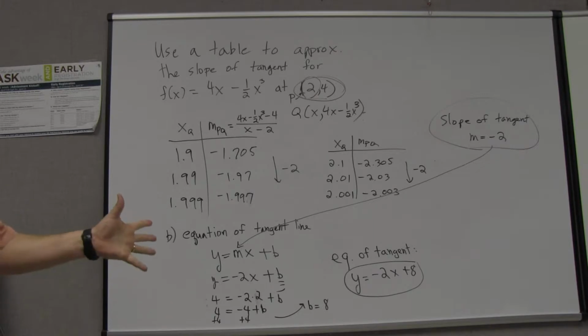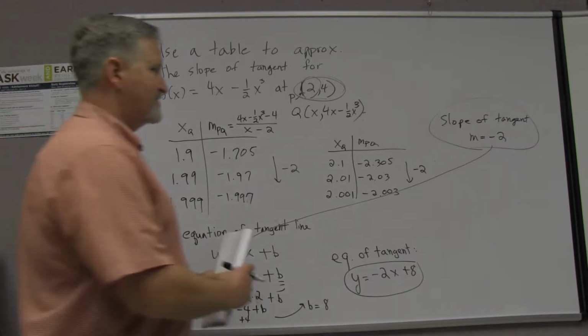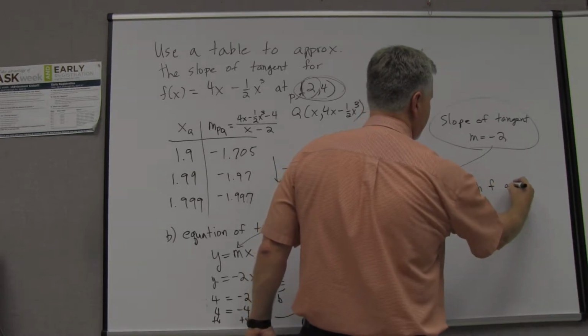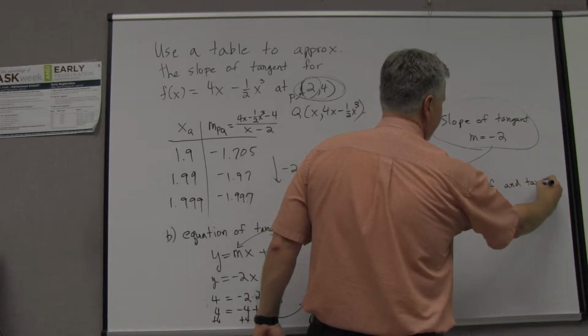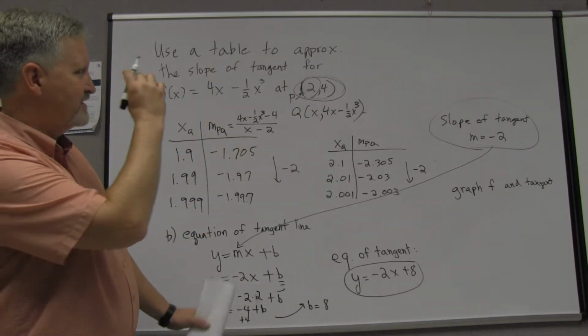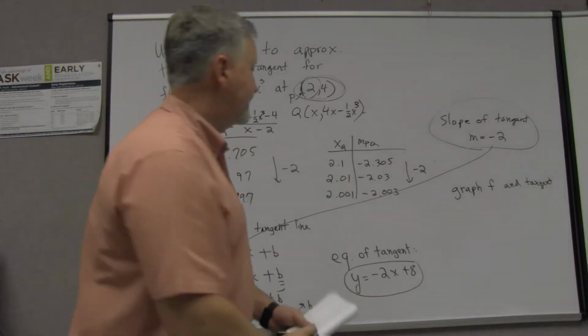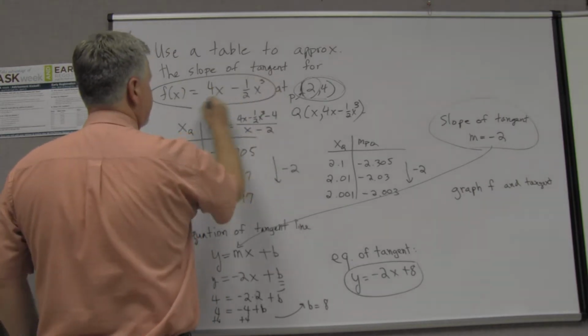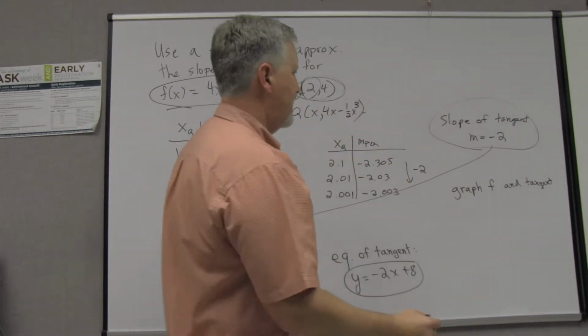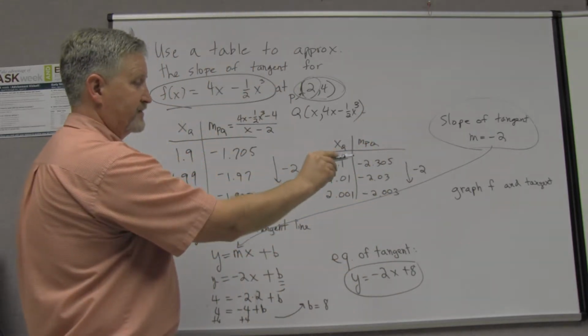All right, now, here's the ultimate check then. Let's graph the function and the tangent line here and see if indeed that turns out to be a tangent line at 2, 4. So let's graph our function. I have to go back in and change that, and then alongside it, let's do our tangent.